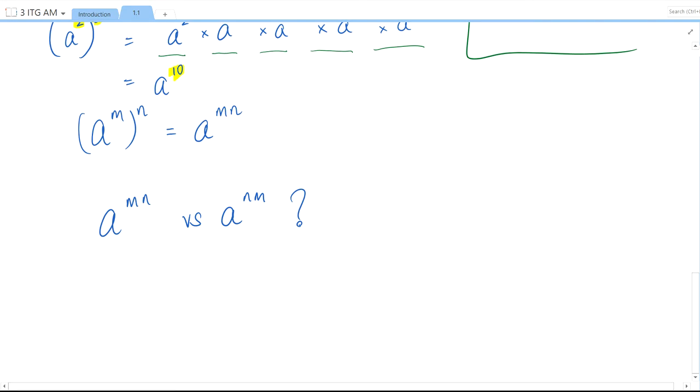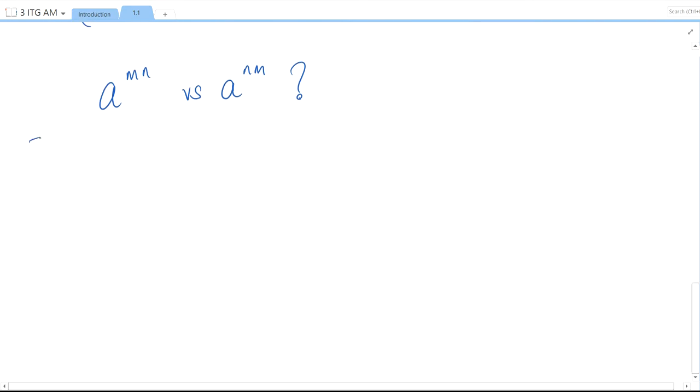At this point in time, I want you to go through example 1 first. Page 3, example 1.